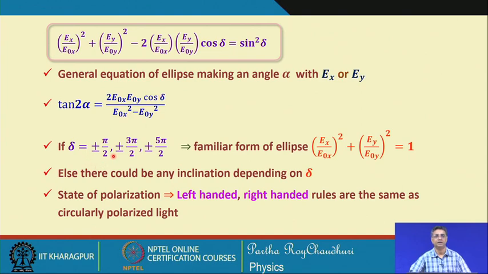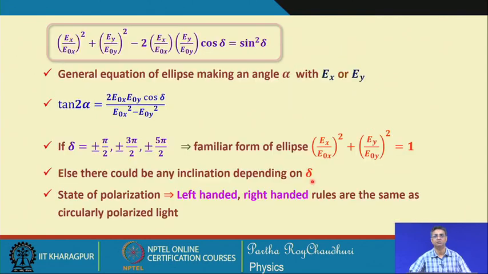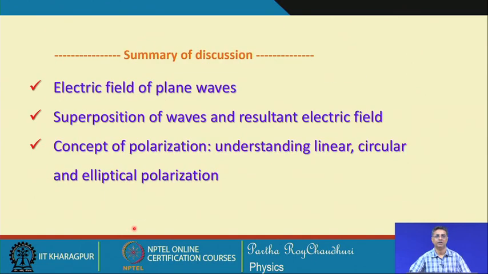Delta can assume plus minus pi by 2, plus minus 3 pi by 2, and then you get the familiar form of the ellipse, else there could be any inclination depending on the delta value. So, this initial phase delta is going to decide the orientation of the ellipse in the xy plane. The state of polarization can be left handed and right handed, and the rules are the same as we have seen in the case of the circularly polarized light.